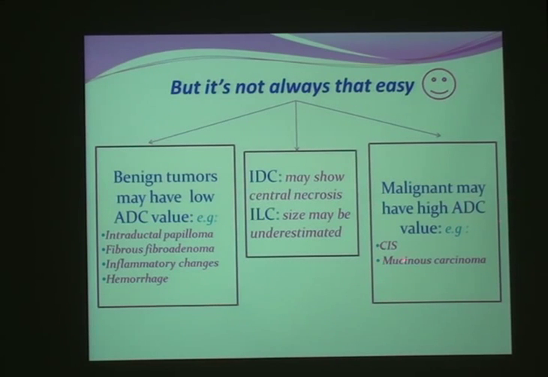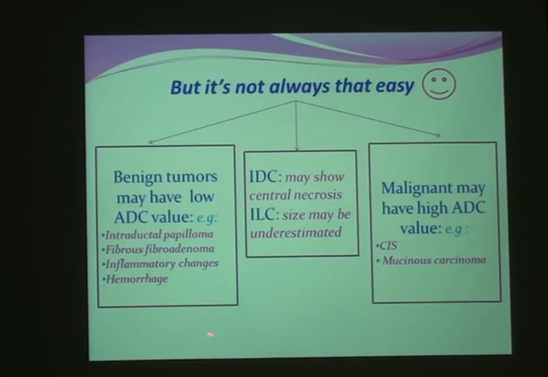Yet some other lesions, like mucinous carcinoma, from histology, it's just an abundance of matrix and few cells in between. There is no way there is restricted diffusion here, and we can do nothing about it. Some benign tumors may have low ADC value, like a fibroadenoma that has too much fibrous component.